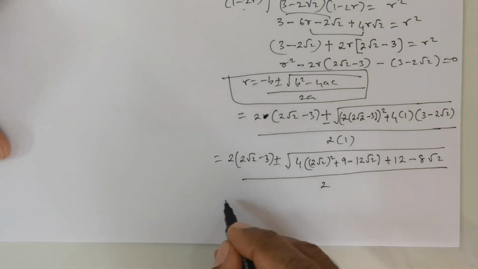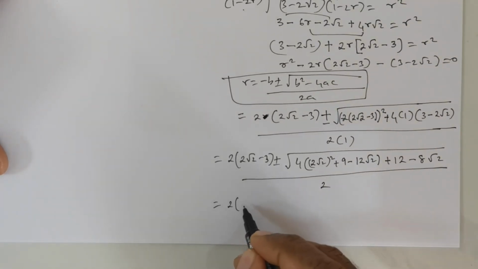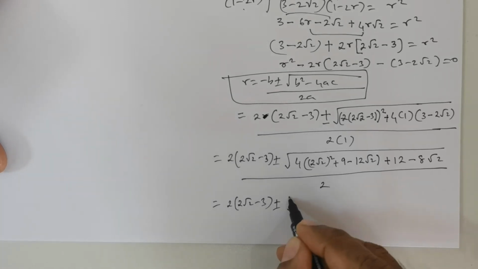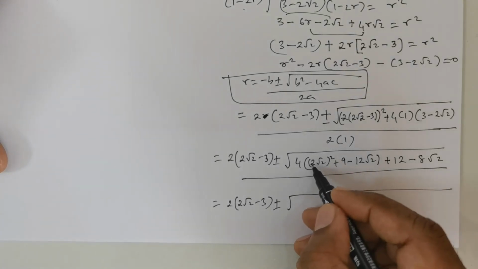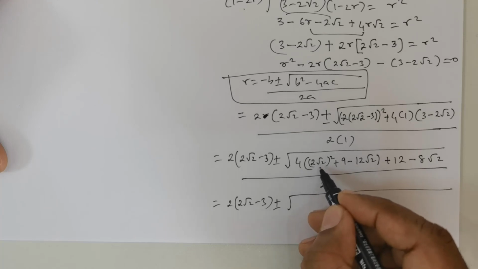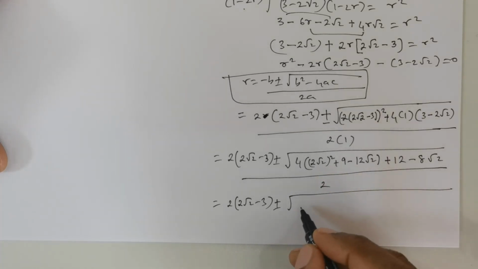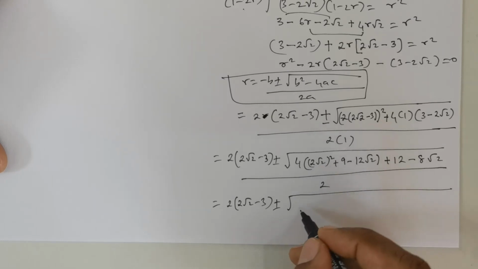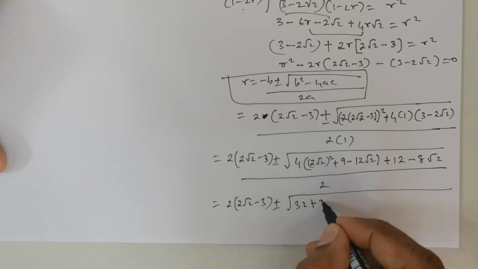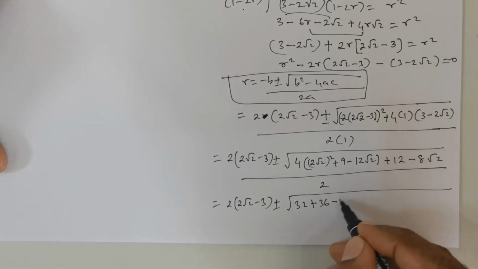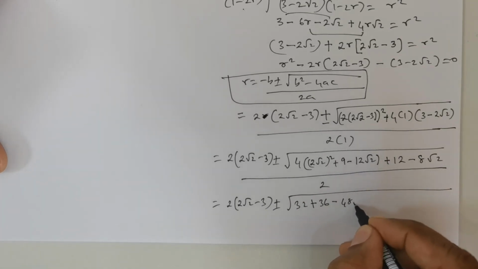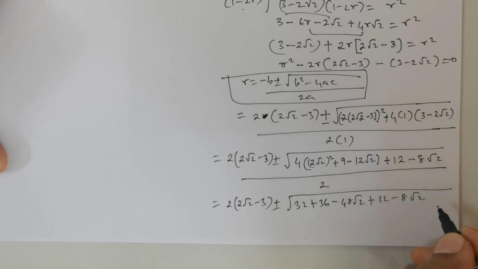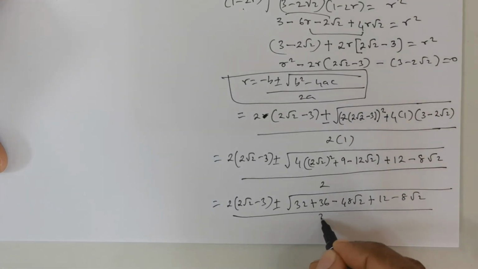So this is going to be positive 4 times 3 is 12, minus 8 times root 2, divided by 2. So this is equal to 2 times (2 root 2 minus 3) plus or minus root of 2 squared, which is 4. This is 2. 4 times 2 is 8. 8 times 4 is 32, right? 4 and 8, 32, plus 9 4s are 36, and then you've got a 48 root 2 plus 12 minus 8 times root 2, divided by 2.